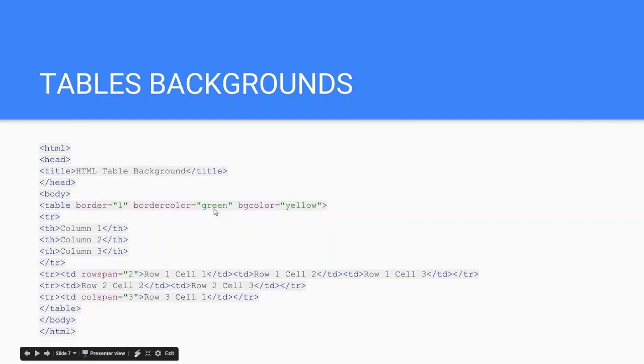So we are using the BG color attribute, that is yellow, and we are giving a color to the border, that is green.